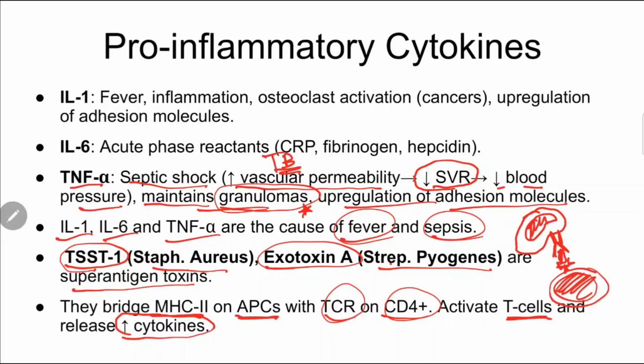This is where they act. And when this bridge happens, a very large amount of cytokines is released by the T cell, and that leads to septic shock. This is how Staph aureus and Strep pyogenes cause sepsis.